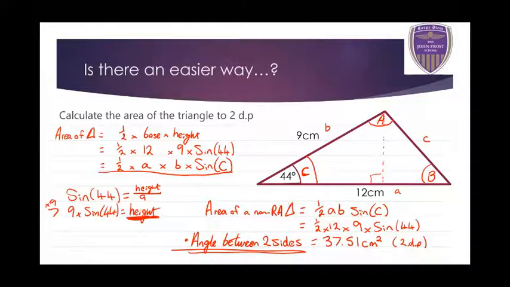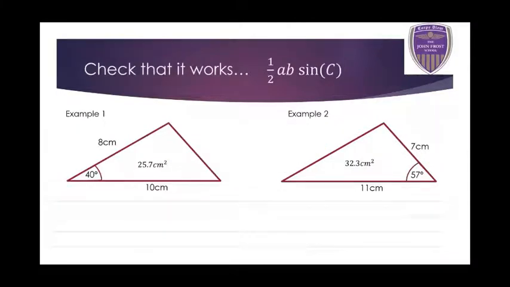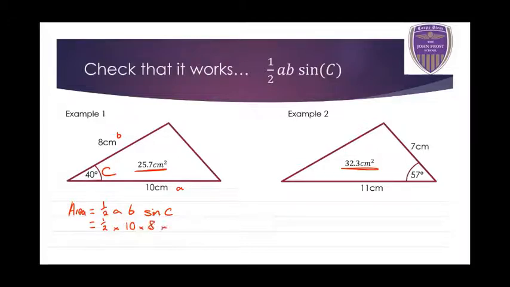So just to prove this to you, let's have a look at the first two examples we did. Here are the answers we got to one decimal place, and we're going to use our calculators now. So the area was a half AB sine C. If we label this triangle, that would be A, that would be B, and that would be capital C. So it'd be a half times 10 times 8 times sine 40.